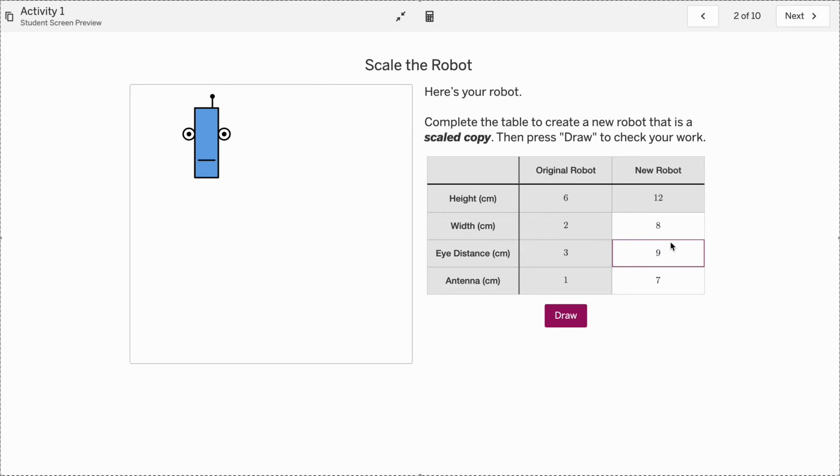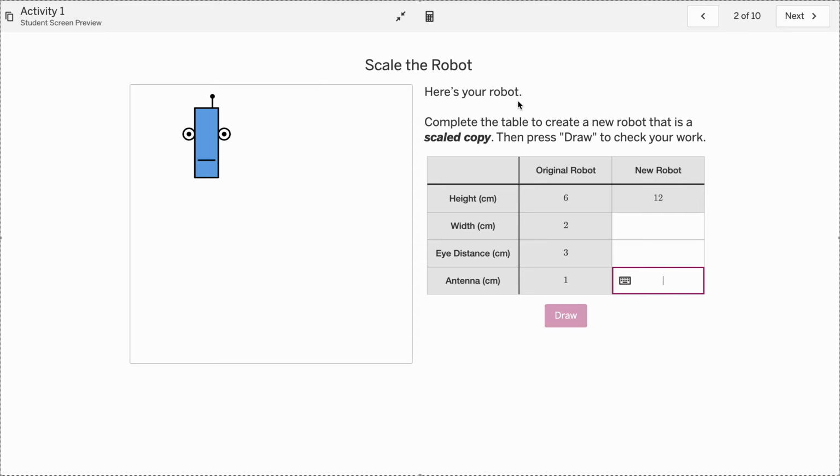That's something you can talk to your friends in that class about. But most of the classes said that a scaled copy is a copy of the original figure that is proportional to that original figure. It can be bigger or smaller, but it has to stay proportional. In this case, looking at these units, they are not proportional.